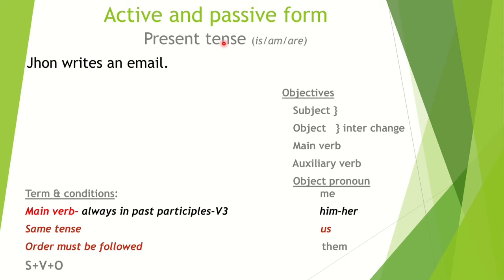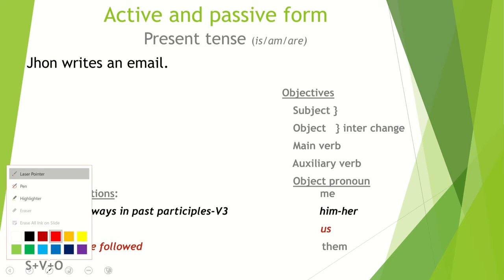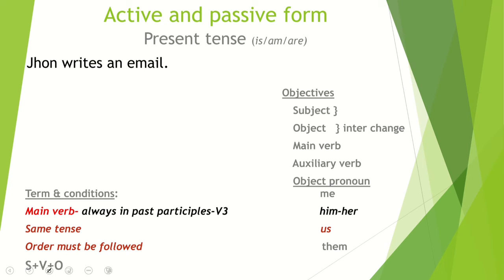Now, come to our main topic. Now, this is our main subject. Okay? I need your attention, please. Over here. Now, I have written here, John writes an email. So, our topic is present tense.